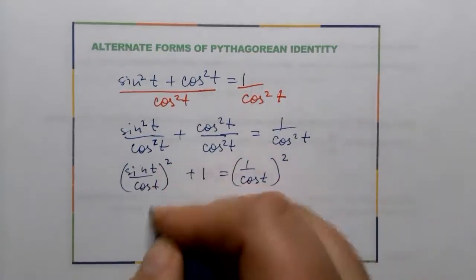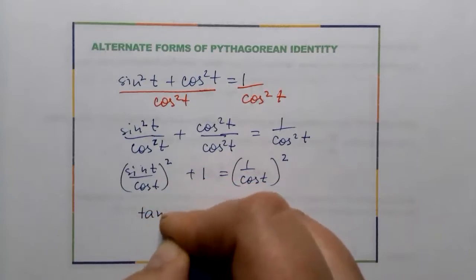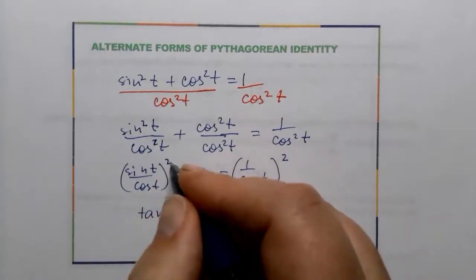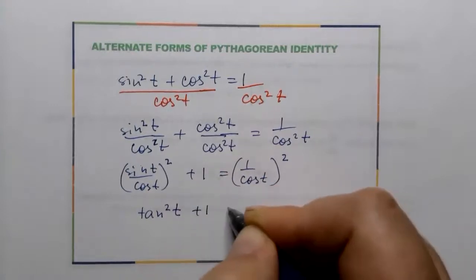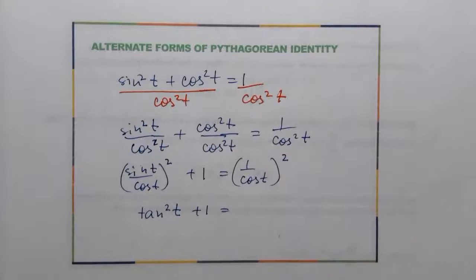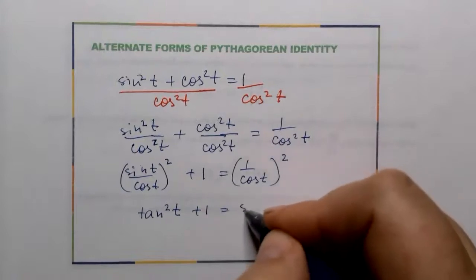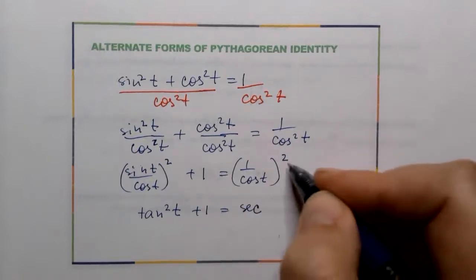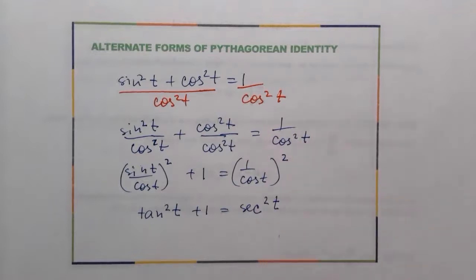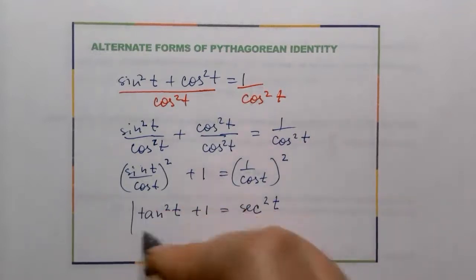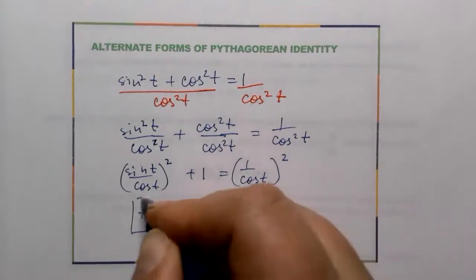Sine t over cosine t is tangent, but because it's squared, it's tangent squared t plus 1. And do you recognize 1 over cosine t? I hope you're saying that it is secant t. So it's going to be secant squared because of that square. So here's your next Pythagorean identity.